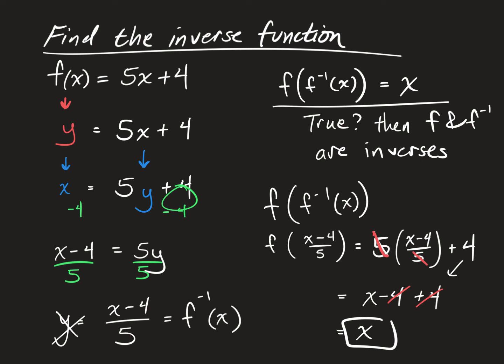What I mean by that is you find f of f inverse of x, but you should also find f inverse of f of x. It doesn't matter how you compose these functions, you should get x. And it does hold true that if you write the composition out this way, you still get x. So these two functions are in fact inverses of each other, and this is how you can prove it.